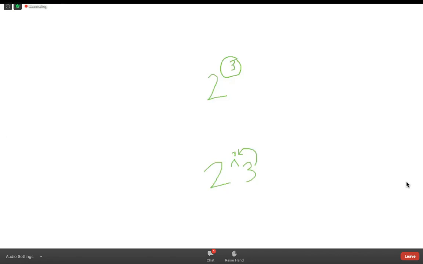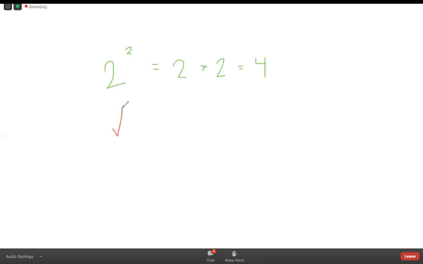What does square root mean? Good question. Square root relates to exponents. Remember I said 2 squared, 2 to the power of 2, equals 2 times 2, which equals 4. The square root of something is the opposite of raising something to the power of 2. The symbol for square root is this thing. Have you guys seen this before?